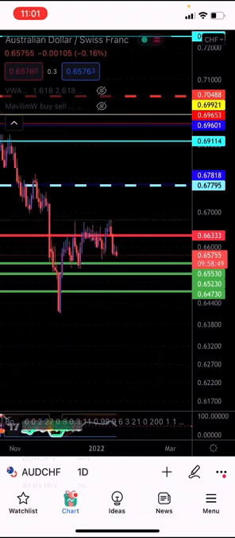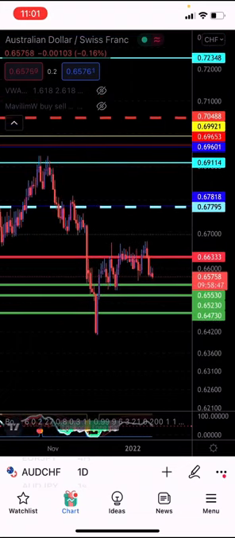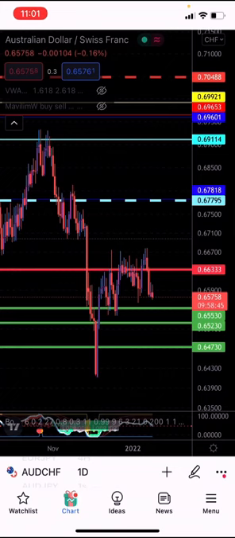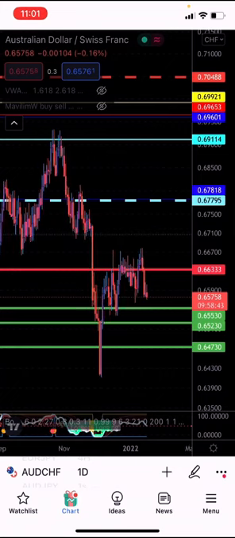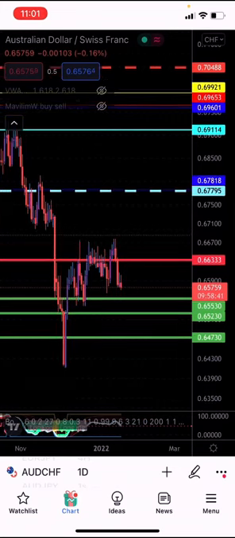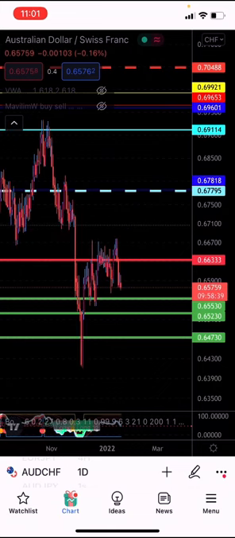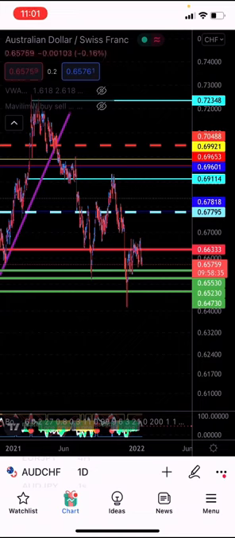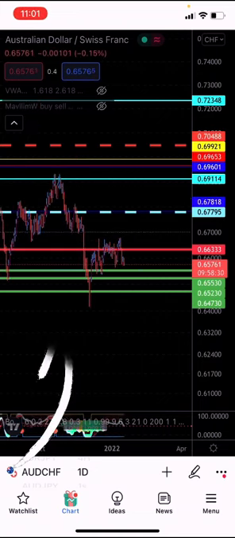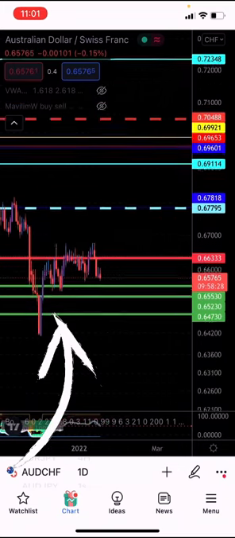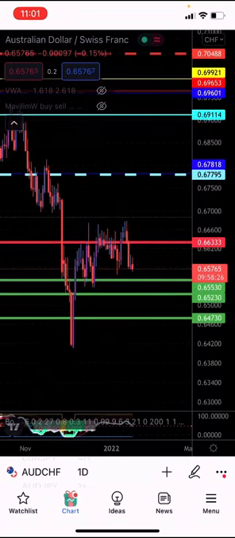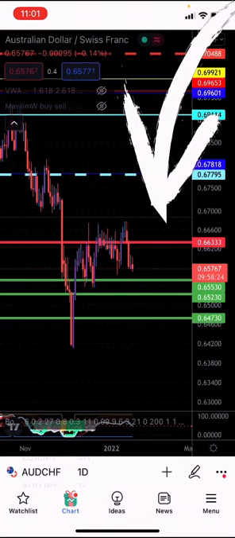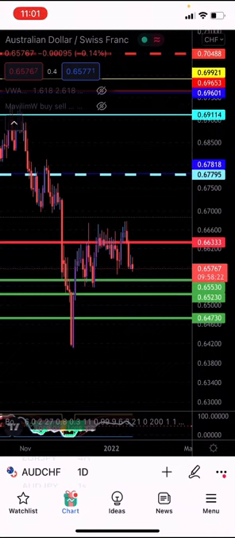And what I can tell from looking at this, excuse my messy chart, I do trade this pair, is that we are in a little bit of a channel again on the down, and we are just going to retest a spot we've already been to on this trade. So here is our stop loss, our take profit 1, our take profit 2, and our take profit 3.